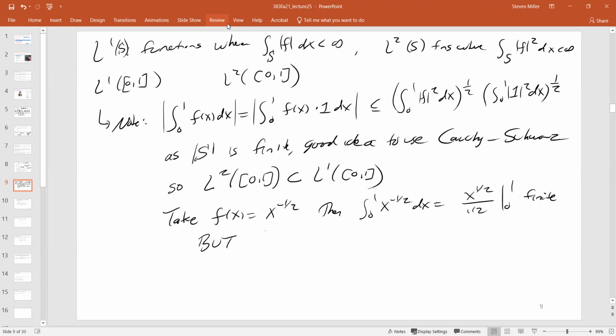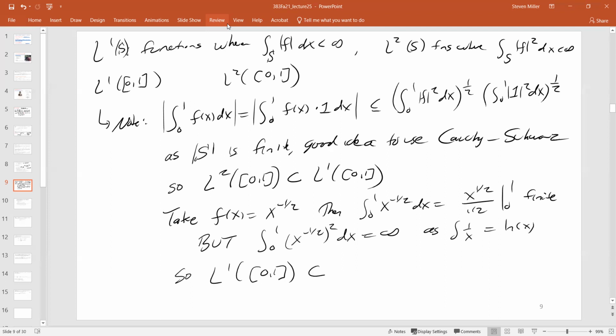But the integral from 0 to 1 of x to the negative 1/2 squared dx equals infinity, as the integral of 1 over x is the natural log of x. So L1 of 0, 1 is not contained in L2 of 0, 1.